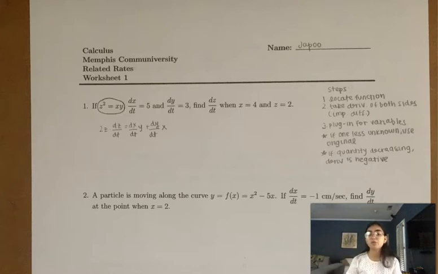So if we weren't, technically the product rule would be: take the derivative of x, multiply it by y, and then take the derivative of y and multiply it by x. So if we weren't marking down the derivative of every single variable, we would have y plus x as the derivative.